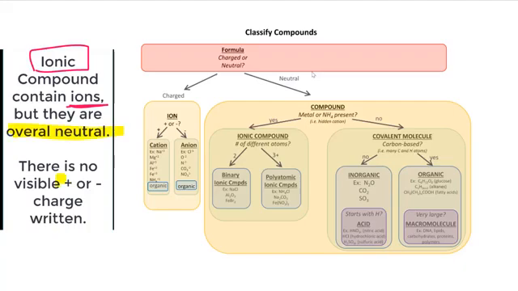So there's no pluses or minuses when we write these compounds. So we are going to look at, like we said, binary ionic compounds. Binary means two, like riding a bicycle has two wheels. So there are two different species or two different elements in a binary ionic compound.